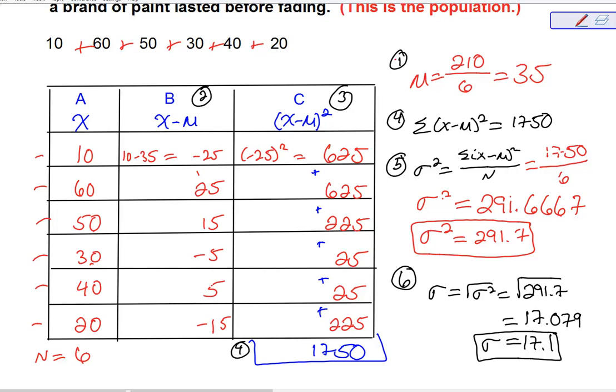So the standard deviation for the number of months a brand of paint lasts before fading is approximately 17.1 months. Okay? Again, using this table will really help you out in the process.